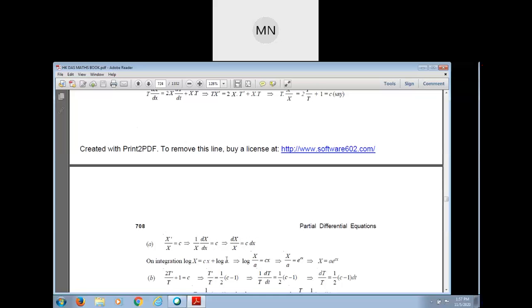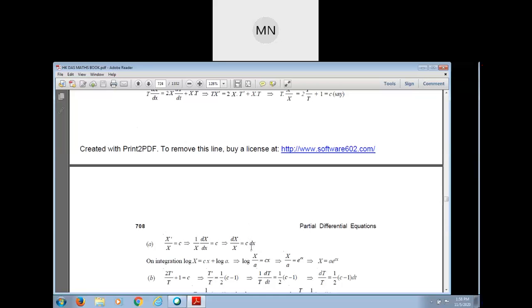If we integrate this one, then what does this give? Integration of 1 by x will be what? Log x. So it comes as log x. And here see that c is any constant. I have already told you that c is constant. So if we integrate this term, c is constant, so c comes outside.